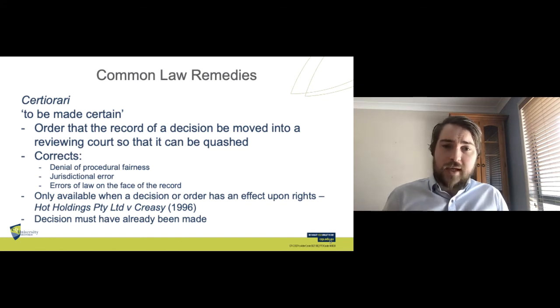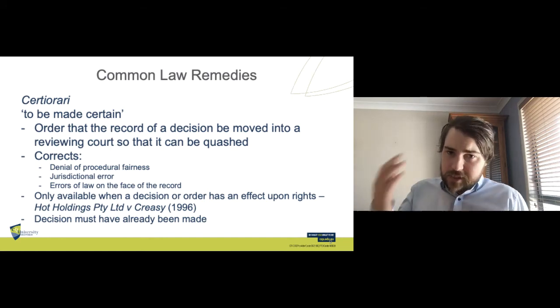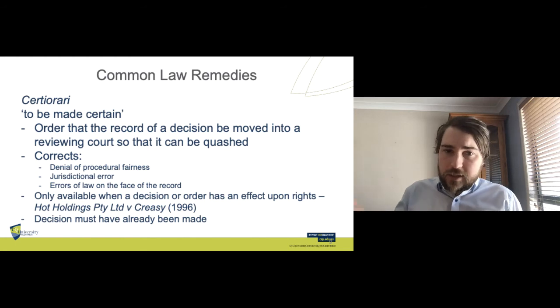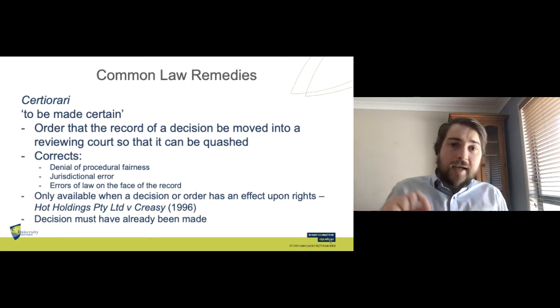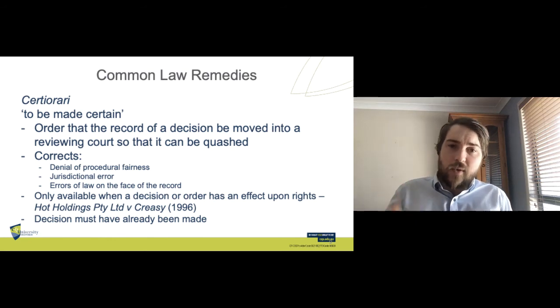What's important is that this will only be available where a decision or an order has an effect upon rights. This is not a huge barrier because if you've got standing to challenge the decision, then it's going to be affecting your rights probably anyway. So that's not a massive barrier, but it's something to keep in mind. And what's important is that the decision has to already have been made.